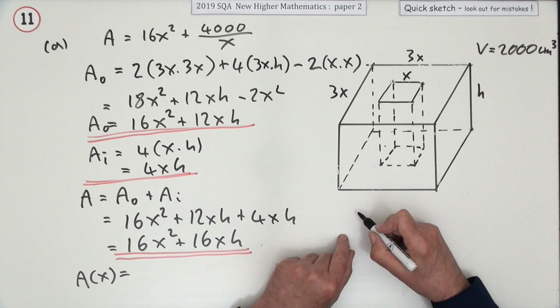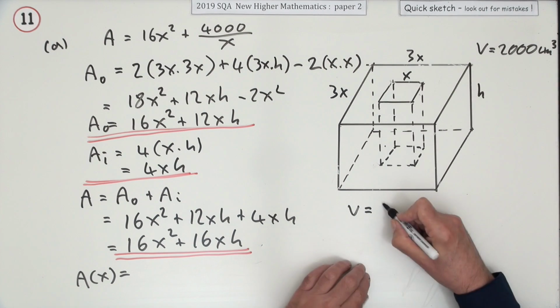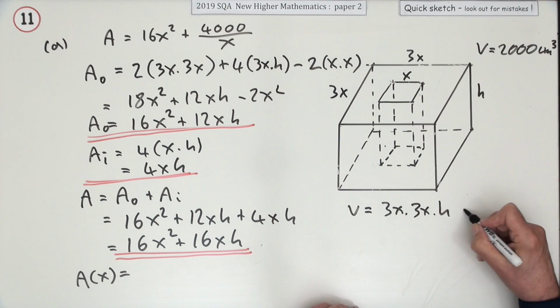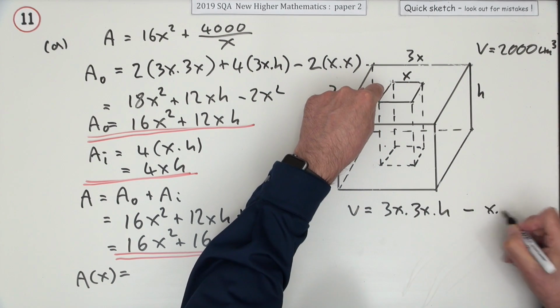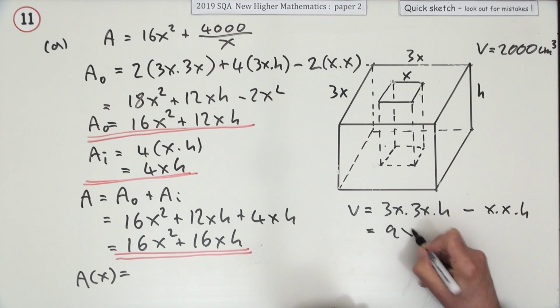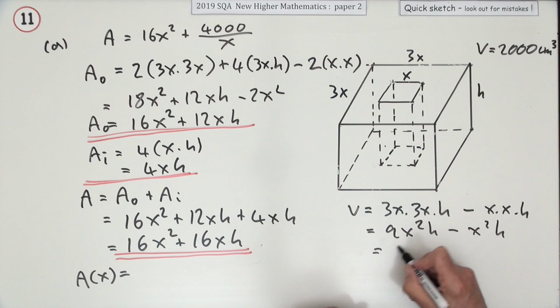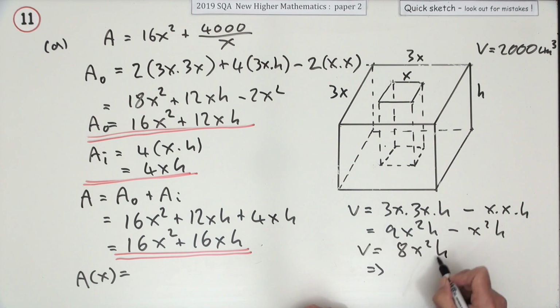Right, where are we? So volume, well, it's a cuboid, so that's 3x by 3x by h, minus an inner cuboid, which is x by x by h. So that's going to be 9x squared h minus an x squared h, so that's 8x squared h for the volume, and that gives you a connection.